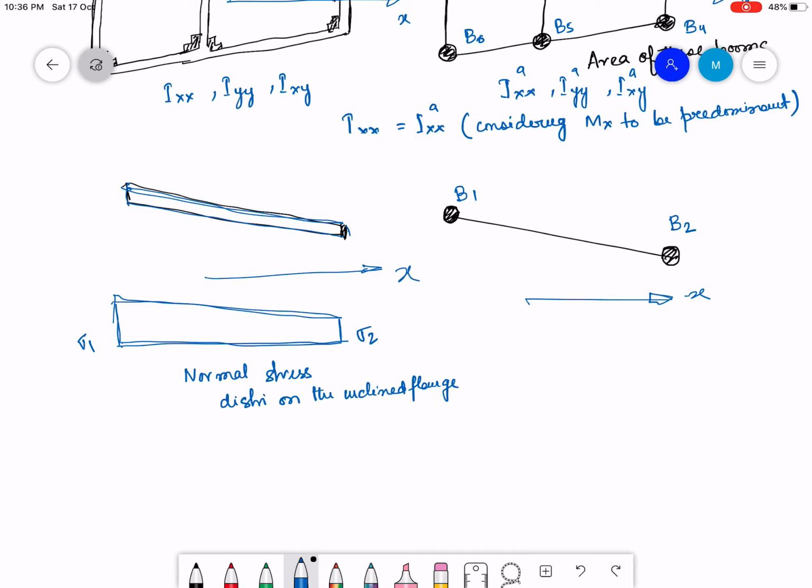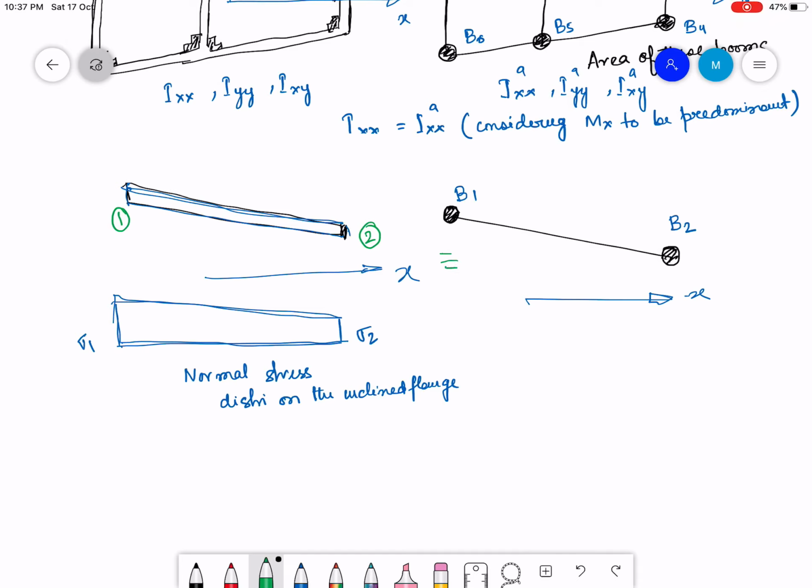Okay, so let me call this 1 and this 2. Since position 1 is farther away from the x-axis, the direct stress, which is a function of y, is going to be more at 1 and less at 2, sigma 2. And now this is being represented by this boom configuration.